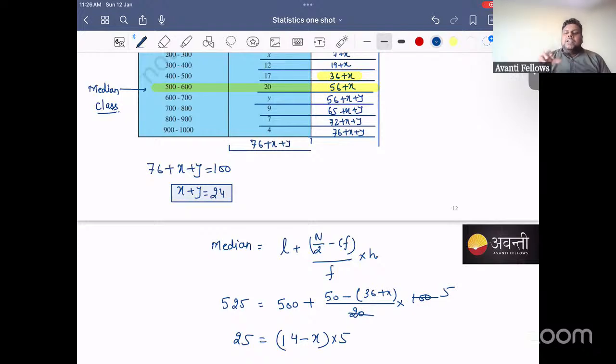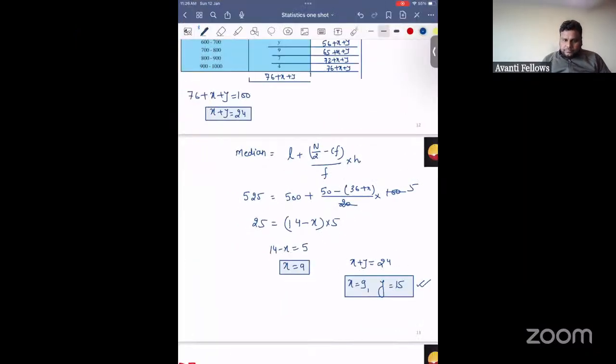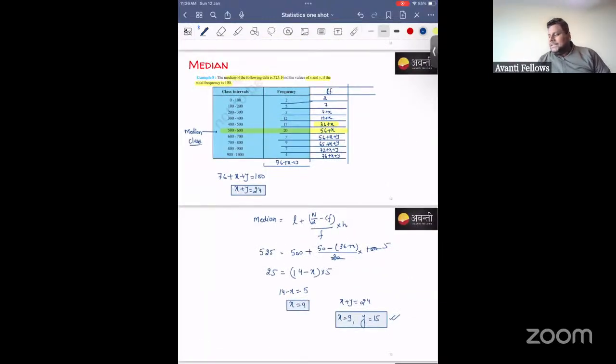And this is how we use this formula for the median for a continuous frequency distribution. Understood? Have a look. Take a moment.